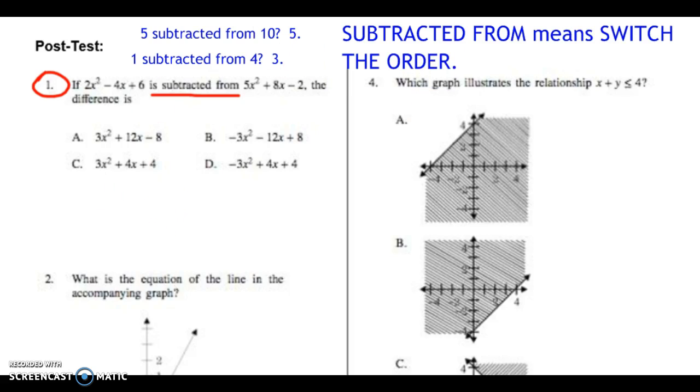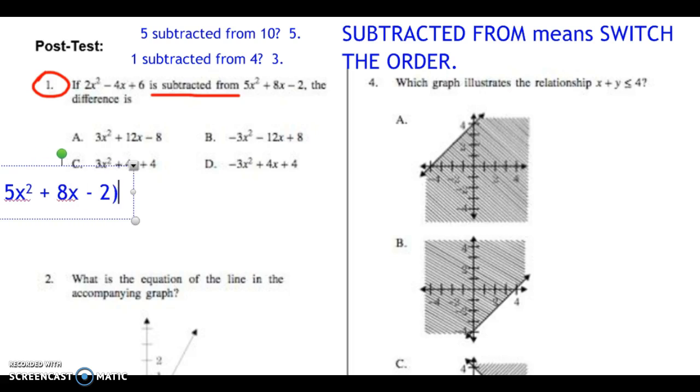So let's do that. The expression, rather, is going to be 5x squared plus 8x minus 2.